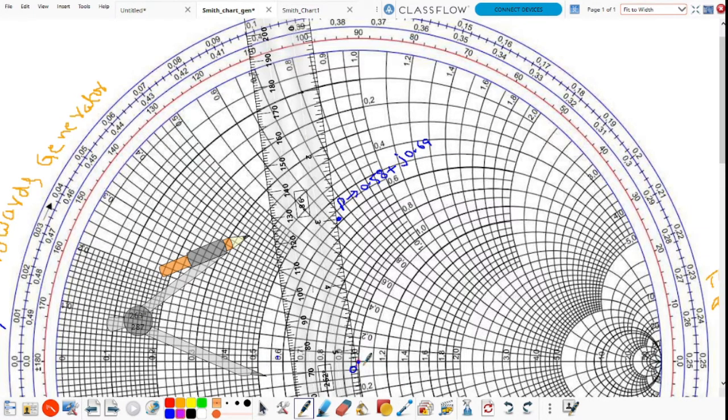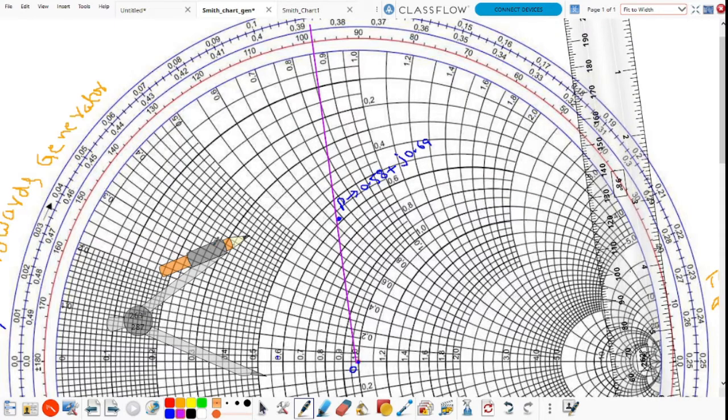So next, connect the origin point and point P. Using a compass, with the origin as the center and OP as the radius, draw the VSWR circle.